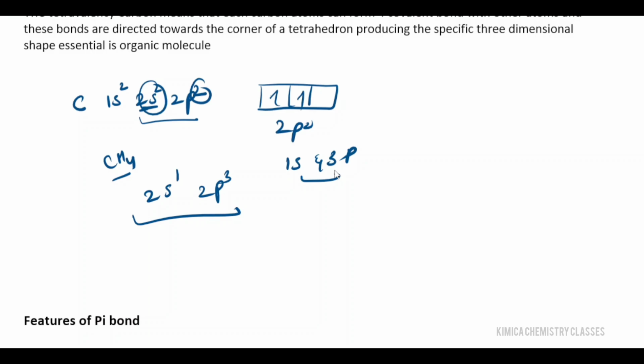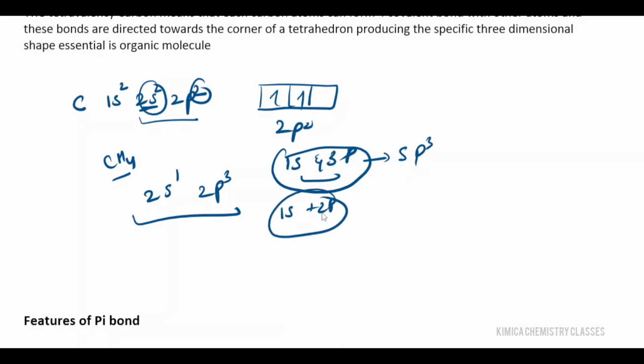If carbon mixes 1s orbital with 3p, we get sp3. When carbon mixes 1s and 2p orbitals, we get sp2 hybridization, and that is trigonal planar with a 120 degree angle. We can take example like C2H4.